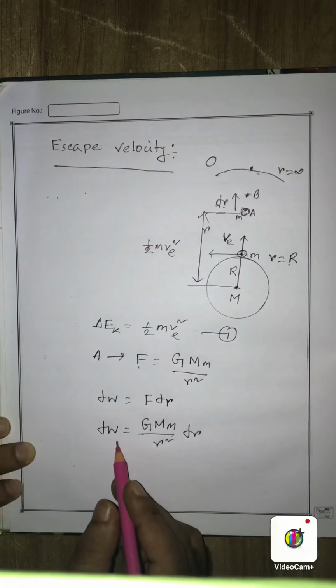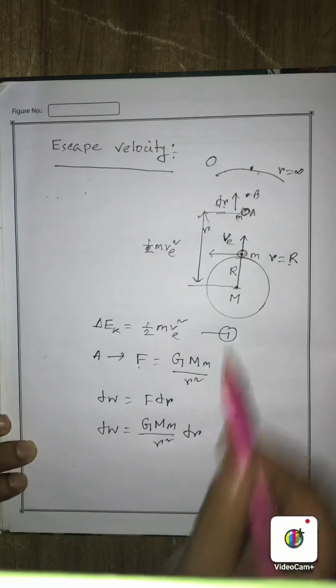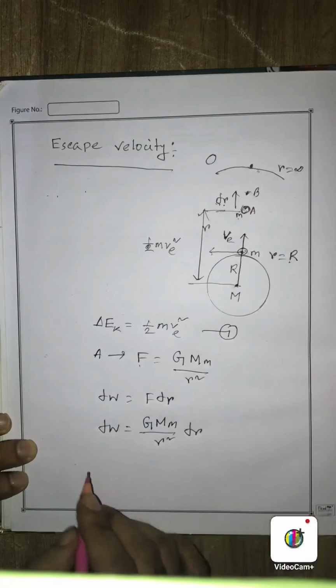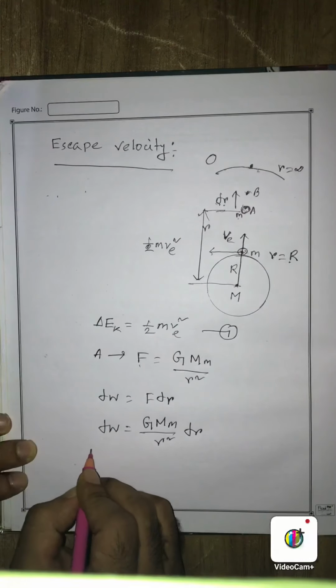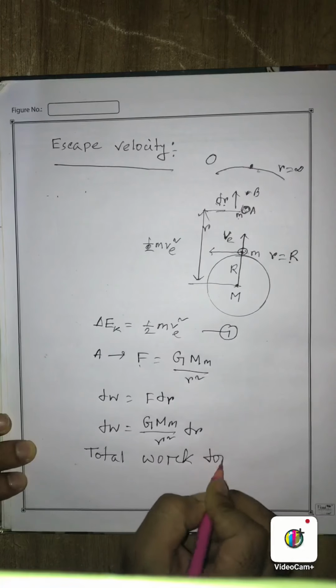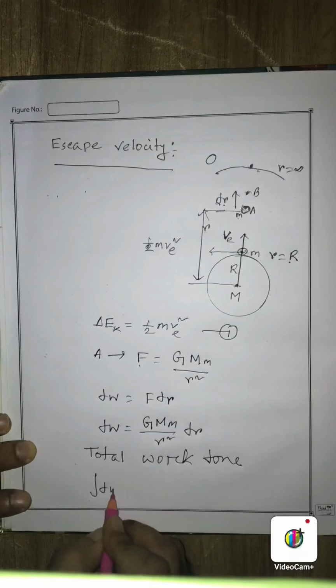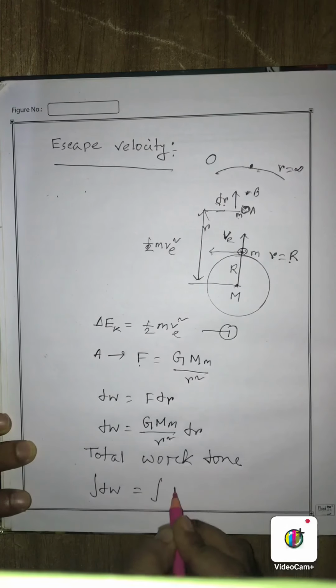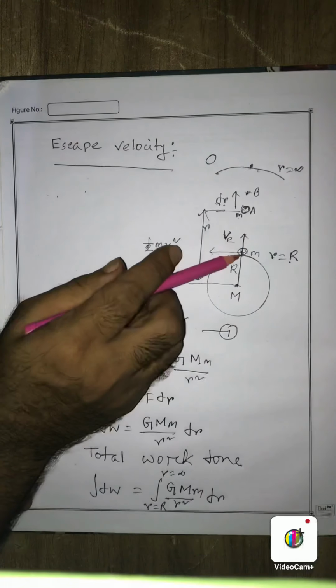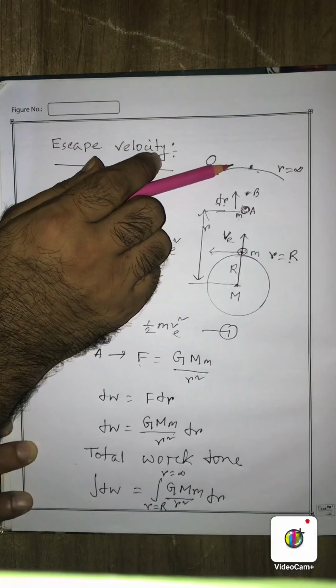Integrating this equation from the surface to infinite distance, the total work done: integration of dW equals integration of G capital M small m divided by r square dr. The limit is small r equals capital R to small r equals infinity, because the object moves from the surface to the outside of the gravitational field.